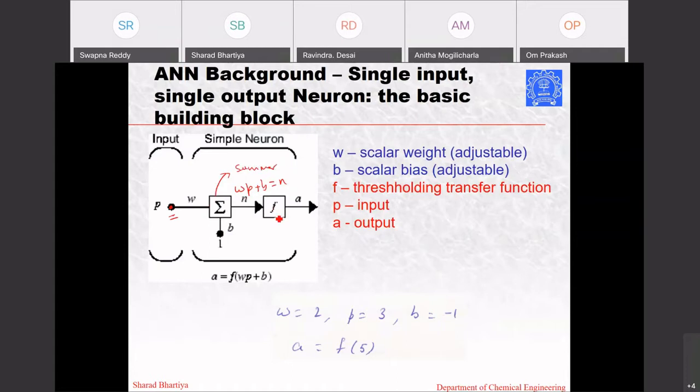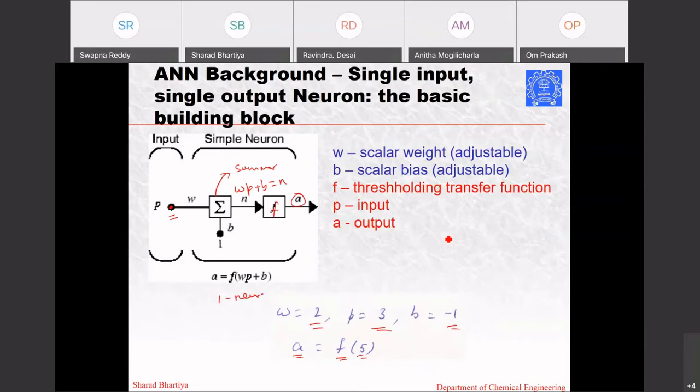Then it goes through this thresholding function F, and you get the output of that neuron. So this is one single neuron. If your W was 2, your P was 3, and your B was minus 1, then the output of that neuron is just WP plus B, which is 5. And so it is whatever is this thresholding function F.